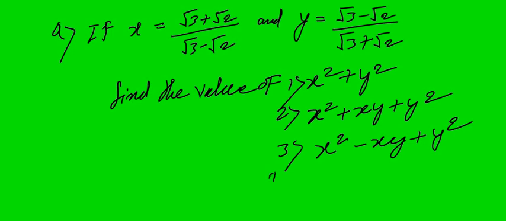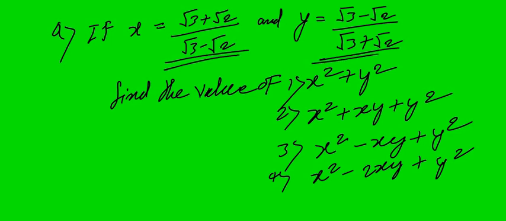So different types of question will be asked in your exam, but the form of the question given is the same. So like 5 types of question will arise for this question.